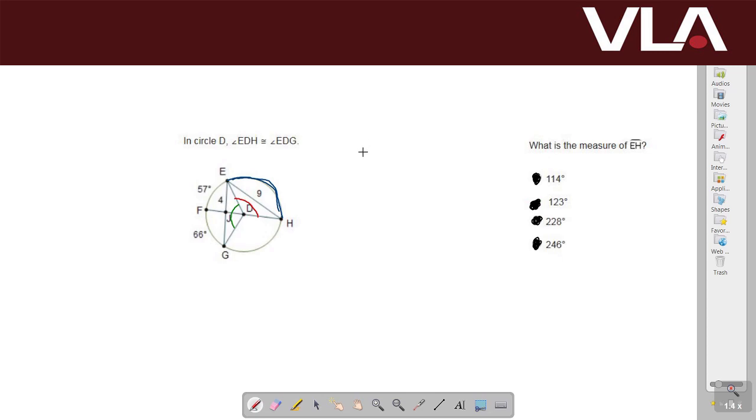I can just do that right here: 57 plus 66. So the measure of these two arcs is 123. If these two central angles are congruent, then this intercepted arc would be the same as this intercepted arc, which we just calculated. Therefore, this would be 123 as well.